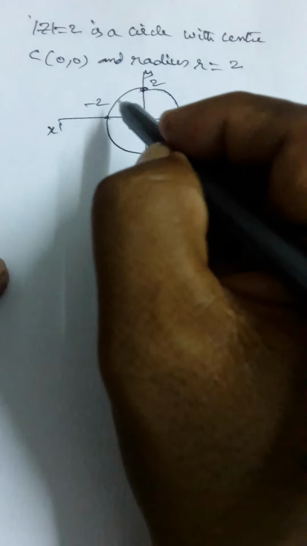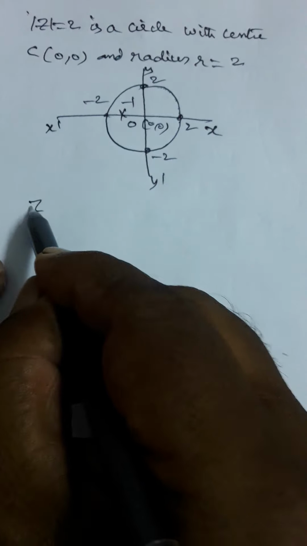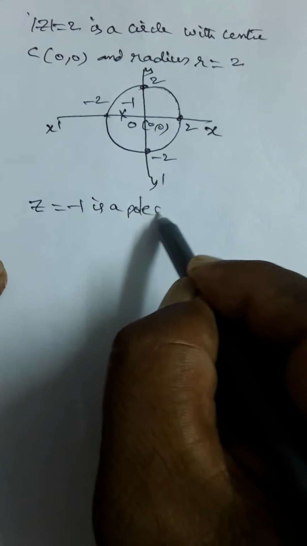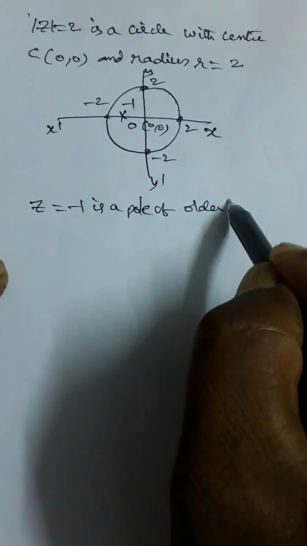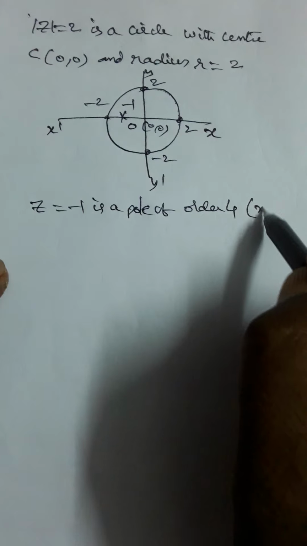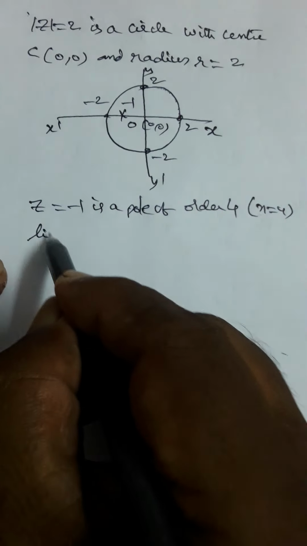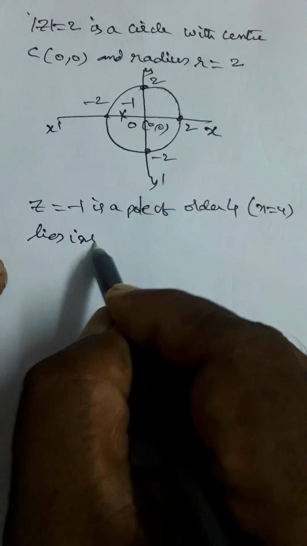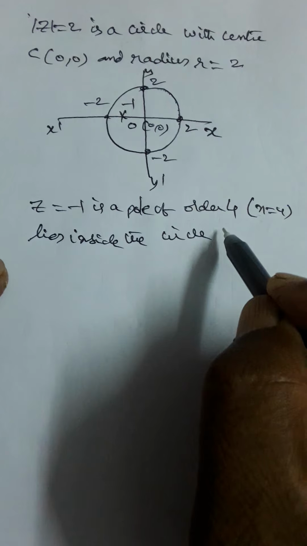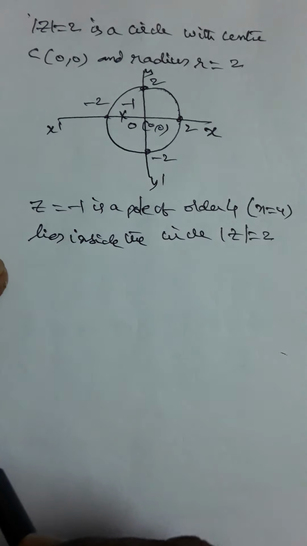Here z = -1 lies inside the circle. z = -1 is a pole of order 4, so n = 4 here. The pole of order 4 lies inside the circle |z| = 2.